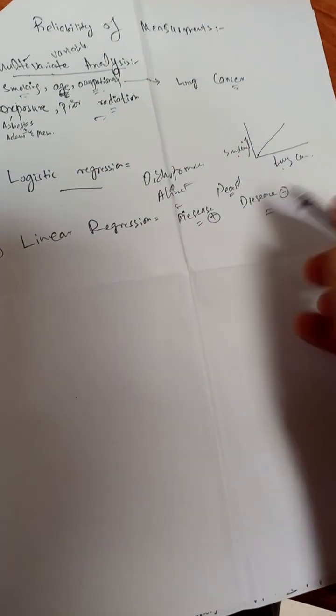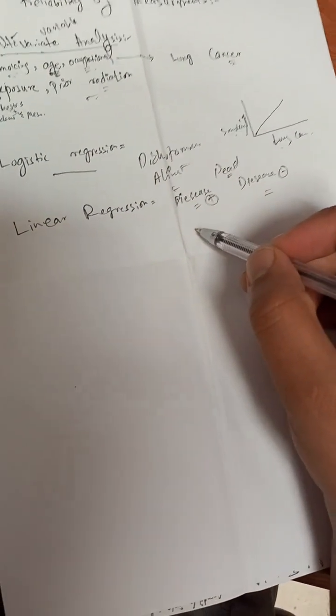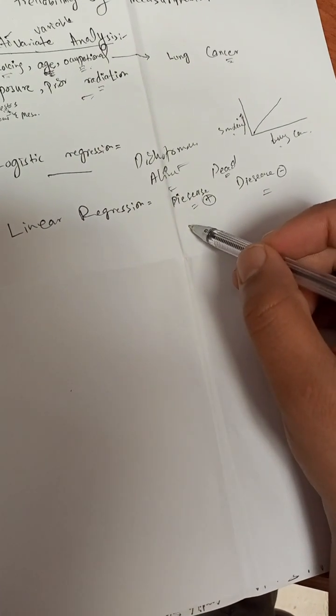If we have such a dichotomous relationship, for those methods we can use logistic regression. That is a type of multivariate analysis, logistic regression for dichotomous outcomes: alive versus dead, disease versus non-disease.